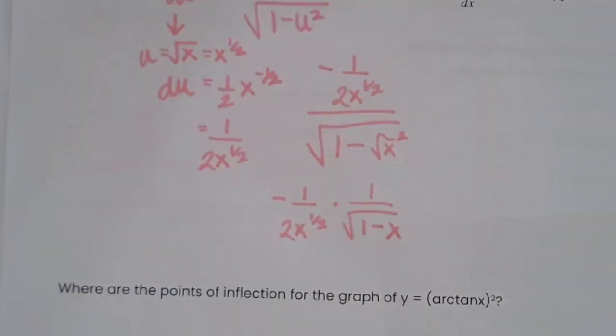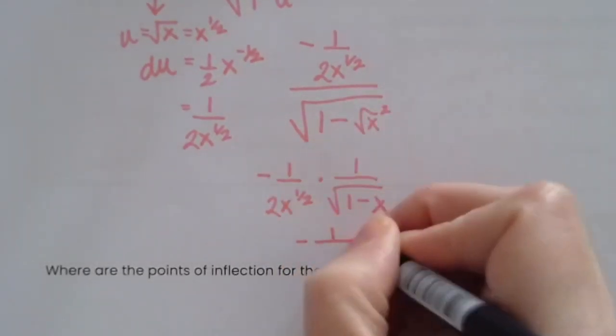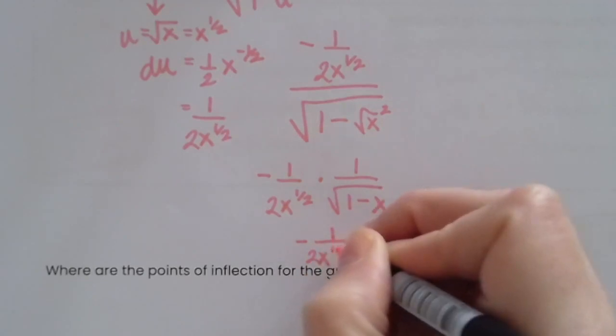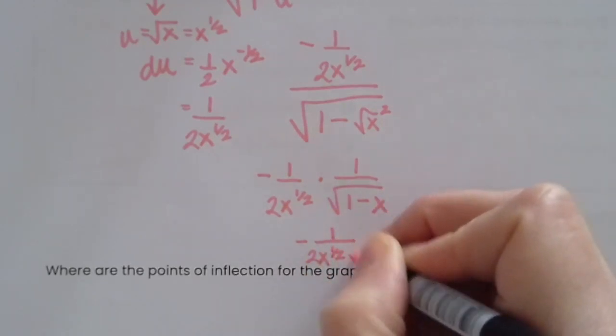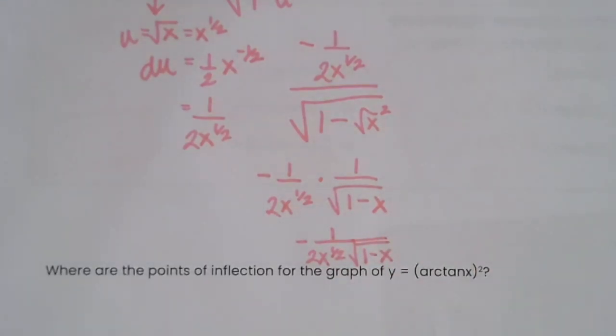And then it's just a matter of multiplying your fractions together, which is negative 1 over 2x to the power of half and then square root of 1 minus x. All of that's on the bottom.